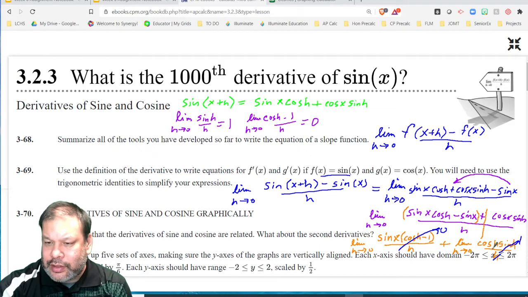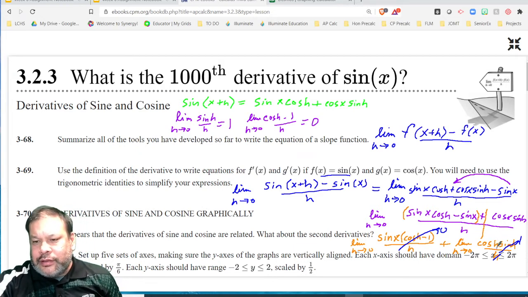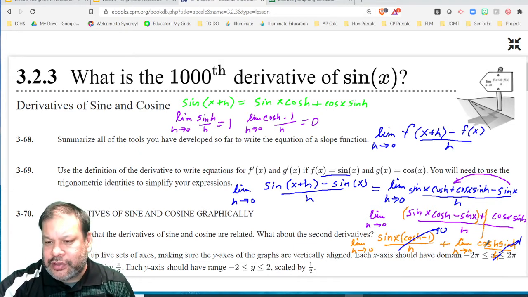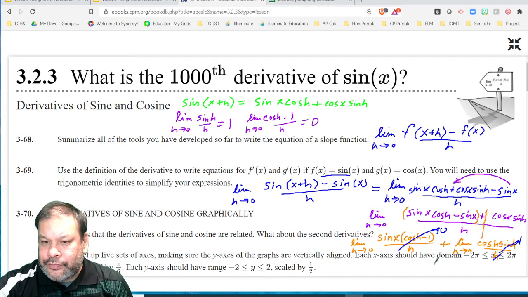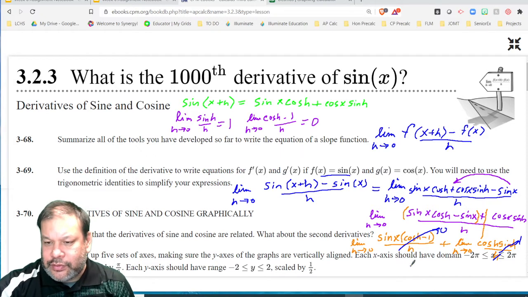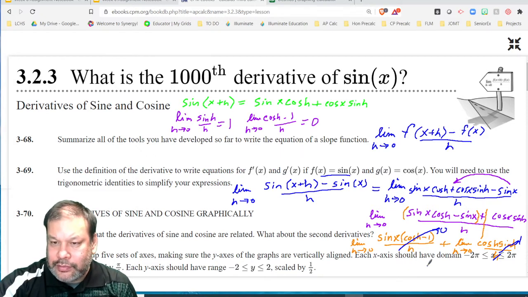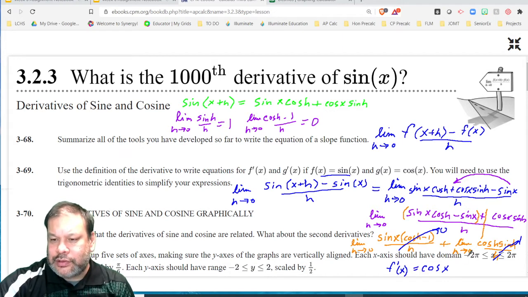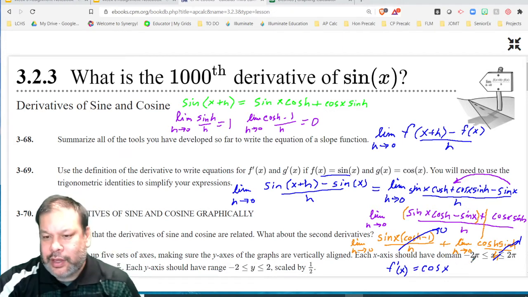So what we're left with is cosine of x, so f prime of x just equals the cosine of x.